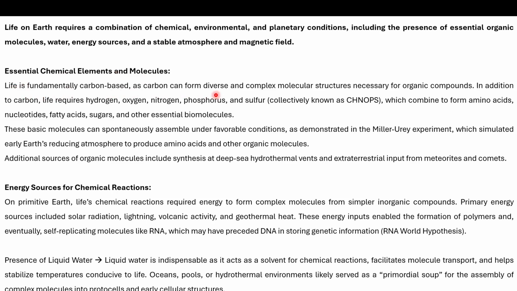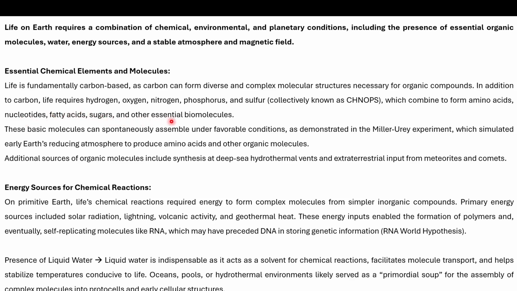Because carbon can form different molecular structures, simple as well as complex, necessary for synthesizing organic compounds. In addition to carbon, life requires hydrogen, oxygen, nitrogen, phosphorus, sulfur, which combine to form the biological macromolecules like proteins, carbohydrates, lipids, which let living organisms thrive.